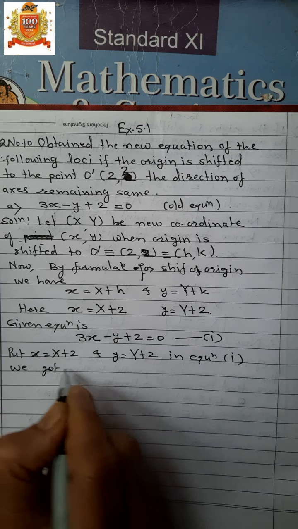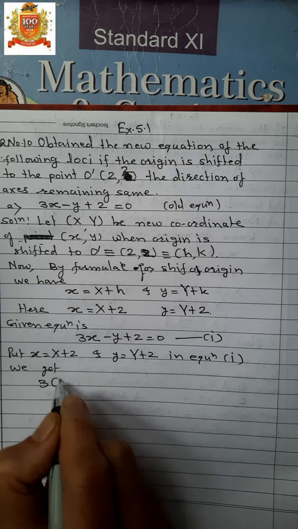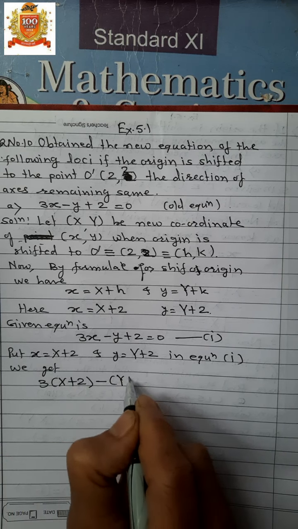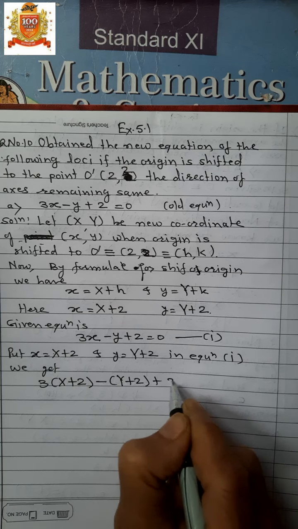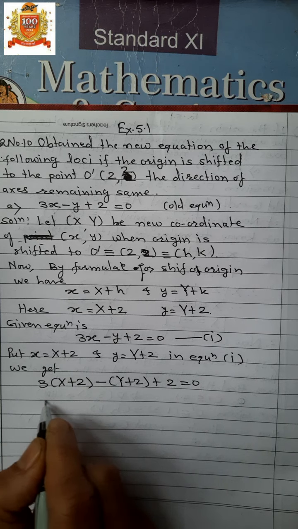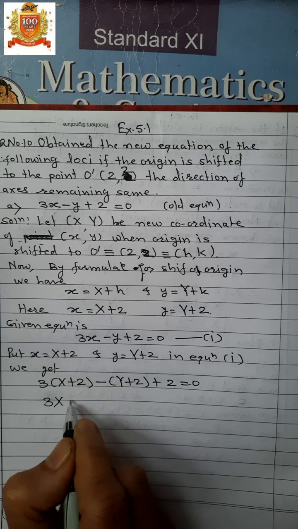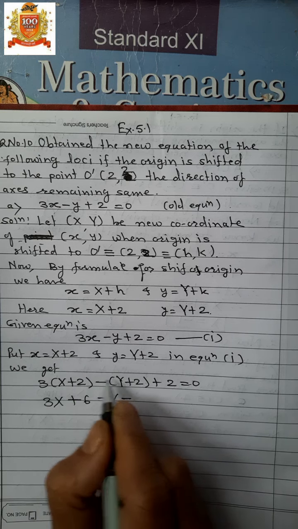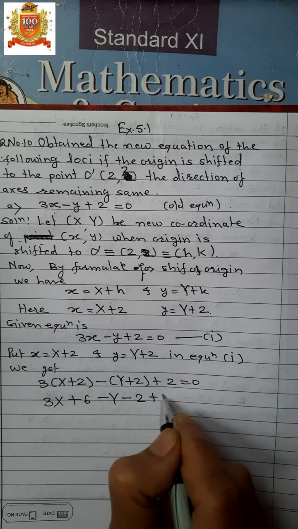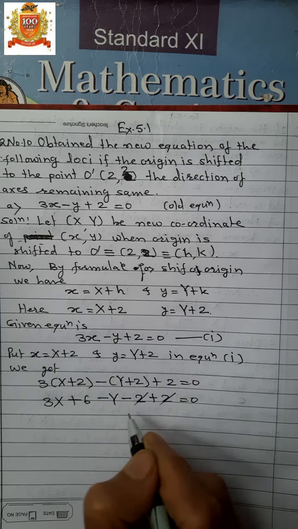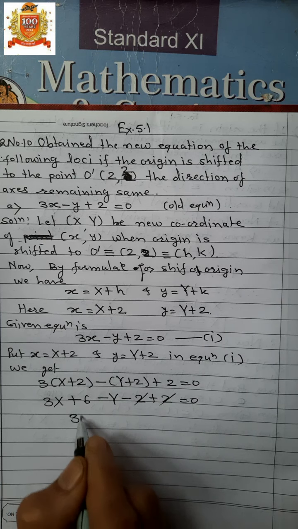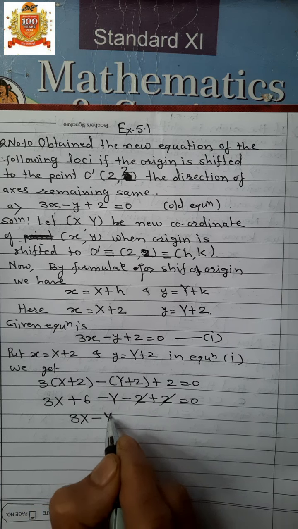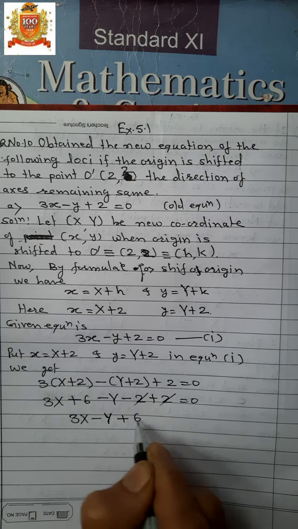We get 3 times (capital X plus 2) minus (capital Y plus 2) plus 2 is equal to 0. That is 3X plus 6 minus Y minus 2 plus 2 is equal to 0. Minus 2 plus 2 get cancelled. We have 3X minus Y plus 6 is equal to 0.